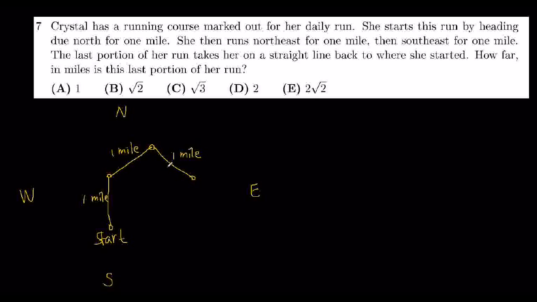What's next? She runs a straight line back to where she started, which is here. How far in miles is the last portion around? What's the distance of here?